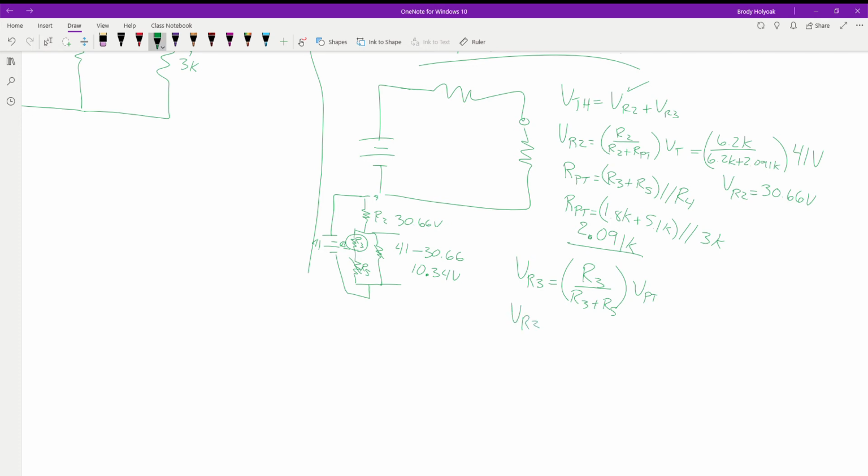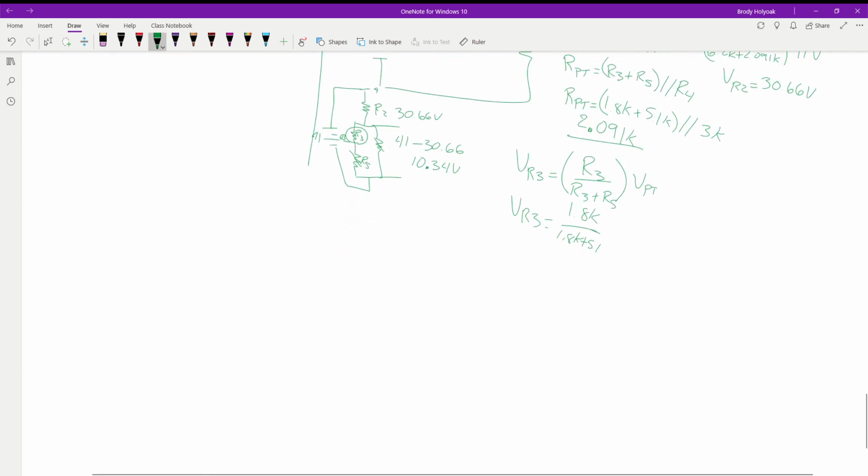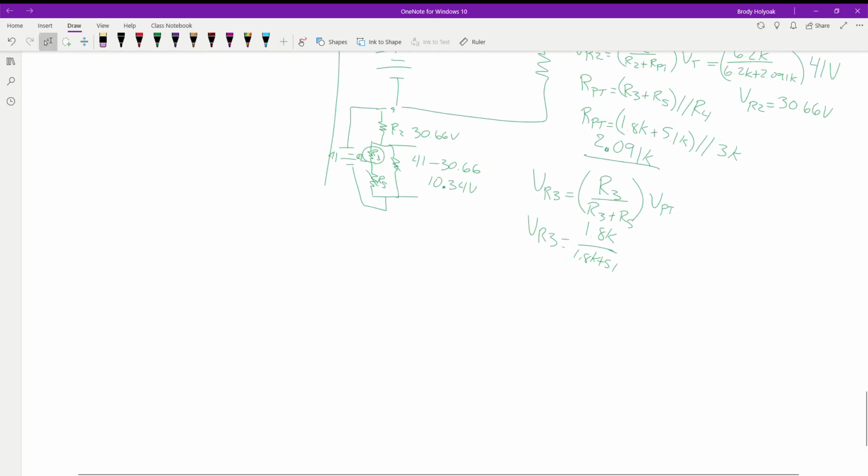So now we take, what we got, 1.8. So where we were at right here with this value, we take the 1.8K divided by 1.8K plus 5.1K.